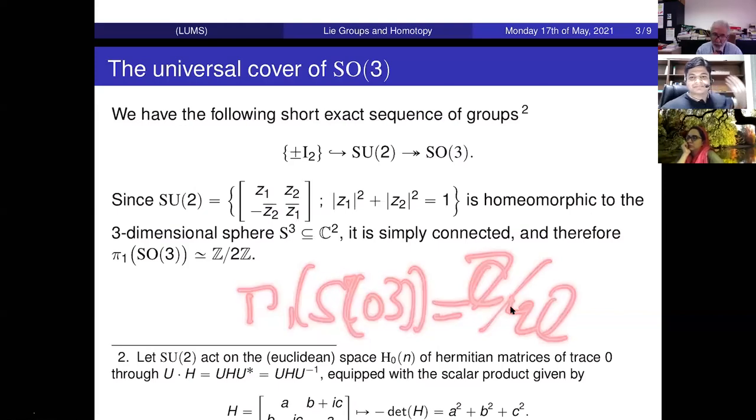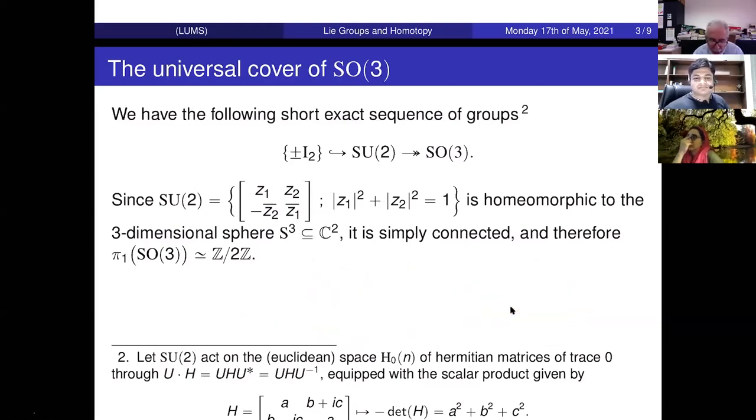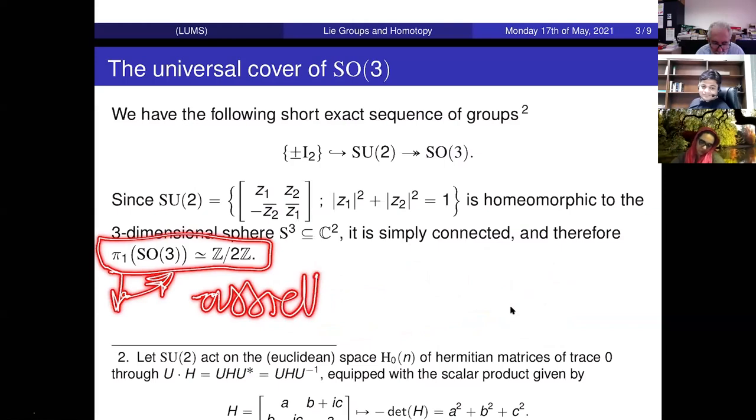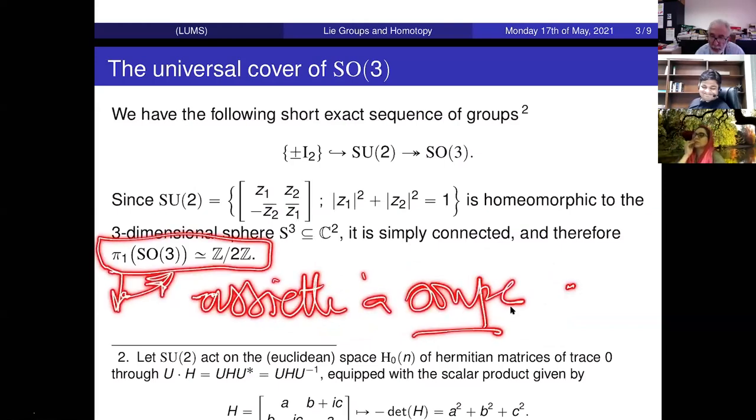Okay, so I'm sorry, I have written... If we take again the long exact sequence, just at the end of it, we can prove very easily the fundamental group of SO3. This could be illustrated by what we call the assiette à soupe. I don't know how you say it in English.